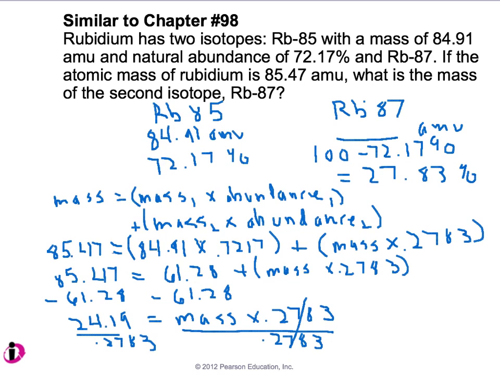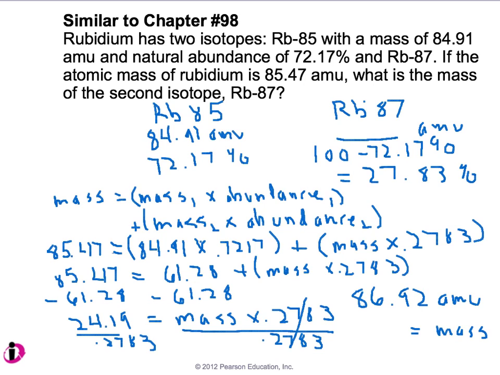And now we'll be left with, I'll have to go ahead and divide this on my calculator. And let me go ahead and divide what you see over there on the right hand side of the equal sign. And you're left with this. So the answer turns out to be 86 point, are we going to round? You bet we're going to round. 86.92. Are we going to write units? You bet we're going to write units. AMU. And that equals my mass.